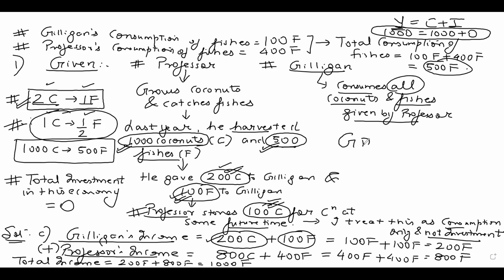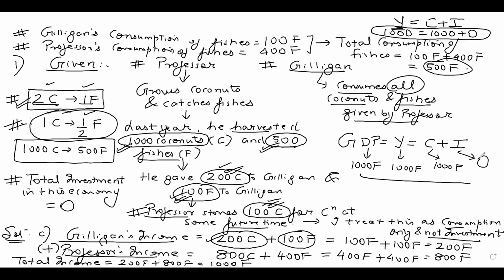The GDP of the economy, which is equal to the income, is equal to C plus I. For this question, the GDP of the economy is 1,000 fishes. Income of the economy is 1,000 fishes. Consumption of the economy is 1,000 fishes. Investment of the economy is 0. So this is the complete answer for this question.